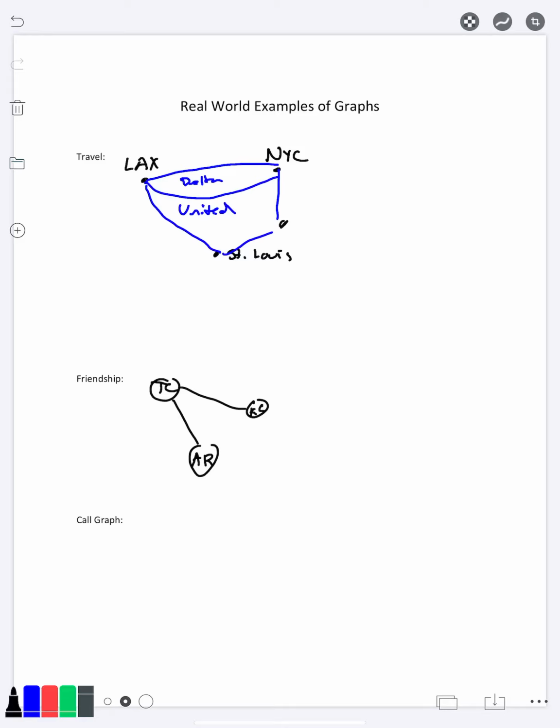This other one here is kind of similar to a friendship graph, and it's maybe not used as much anymore now that we have the internet and emails where you can just email everyone trying to get a hold of. But back in the day, this is something that happened to me as a kid. I was in a soccer league, and you have a bunch of different teams, and you have the captain of the team that runs it, the manager, or the coach, whatever you want to call them, and then you have all different people on the team.